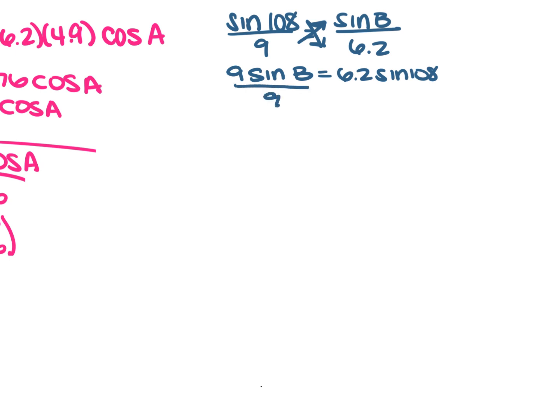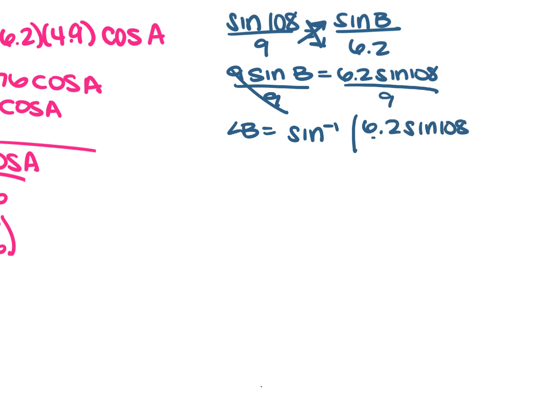We're going to divide each side by the 9. So it's going to give us angle B is equal to the inverse sine of 6.2 sine 108 over 9. So use your calculator. 6.2 sine 108 over 9 gives us angle B of 41 degrees.